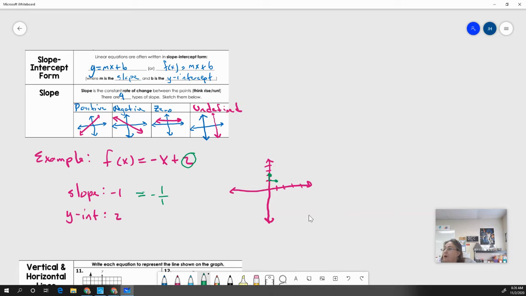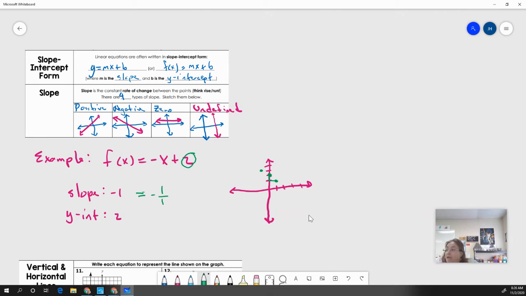If I were to go up 1, I would go negative for the other one. Because if I have a negative over a negative, it becomes a positive.